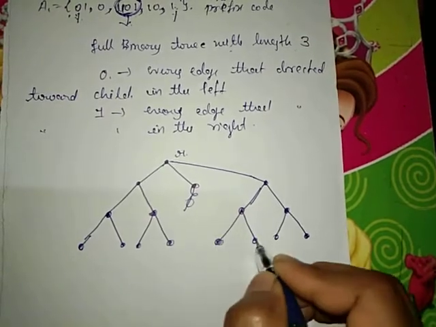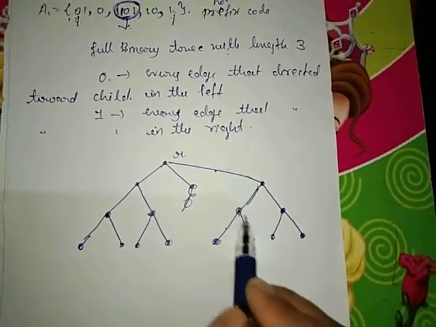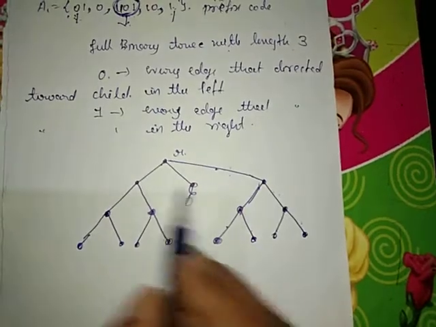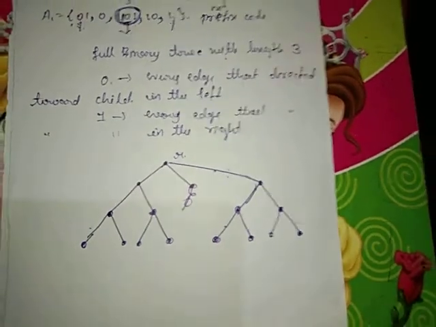Construct a binary tree of a length 3. 1, 2, 3. Each leaf has a length 3 here.